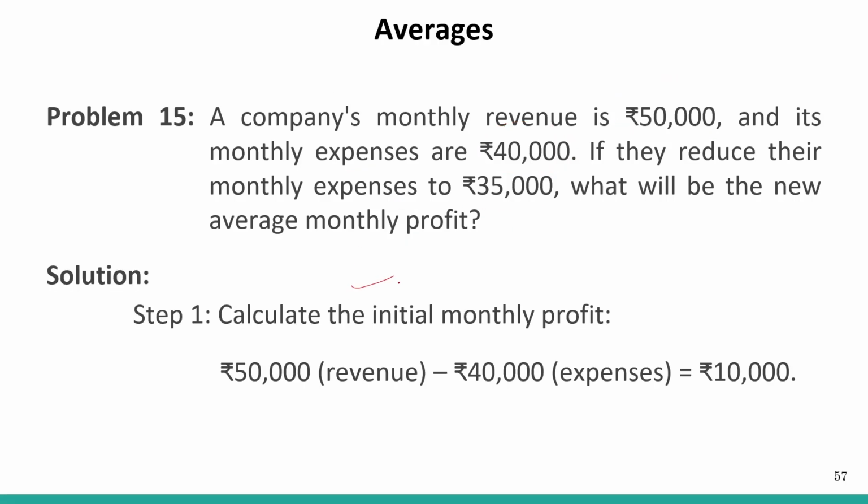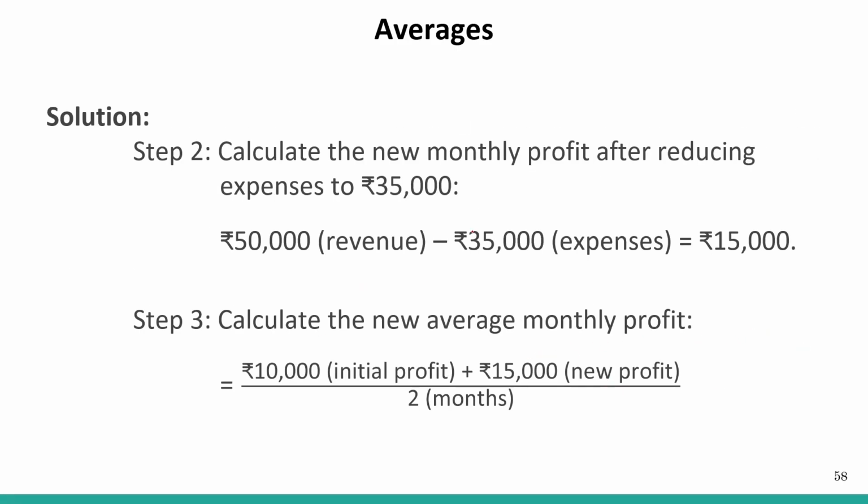So the initial monthly profit is equal to 50,000 minus 40,000, which is equal to 10,000. Now calculate the new monthly profit after reducing expenses to 35,000: 50,000 revenue minus 35,000 expenses is equal to 15,000.